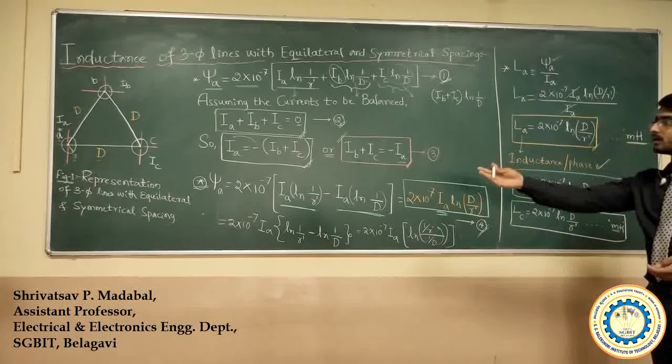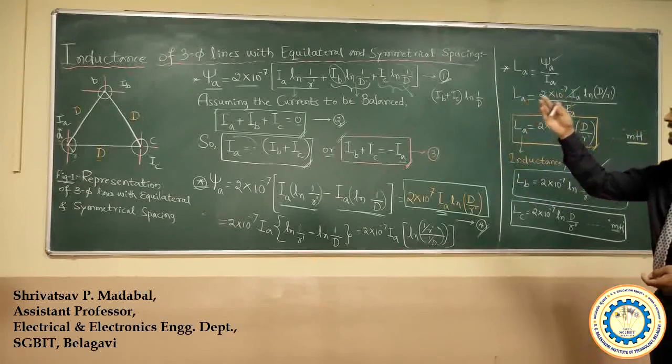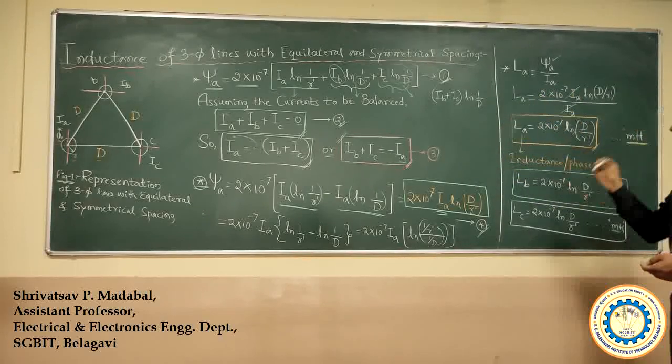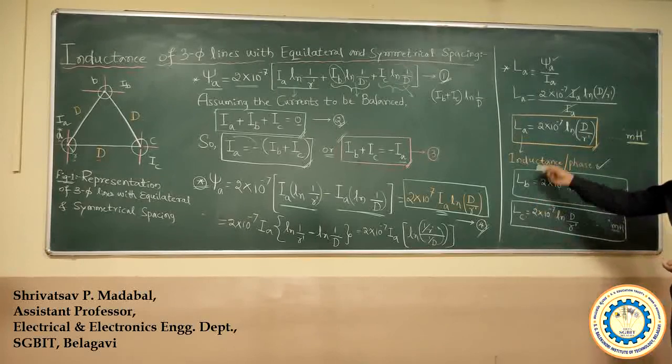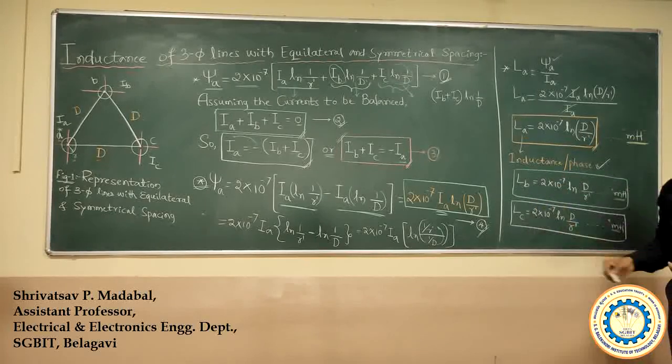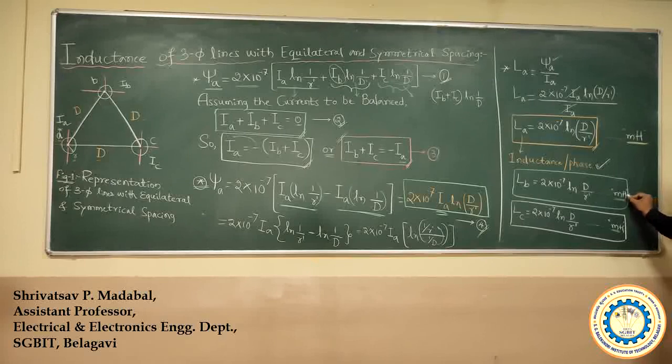Similarly, the concept is of three-phase lines with equilateral as well as symmetrical spacing, which means the value of inductance for all the phases, that is conductor B and conductor C, remains the same. So the inductance with respect to conductor B can be represented in the equation.